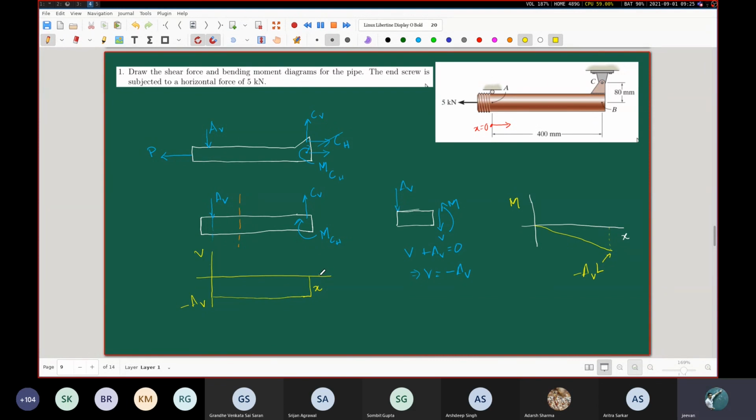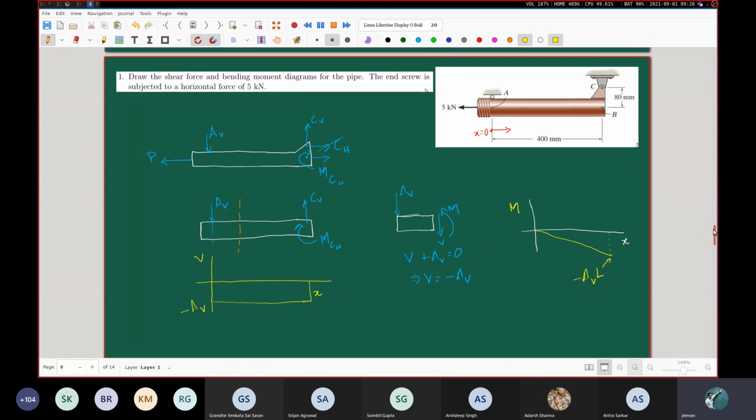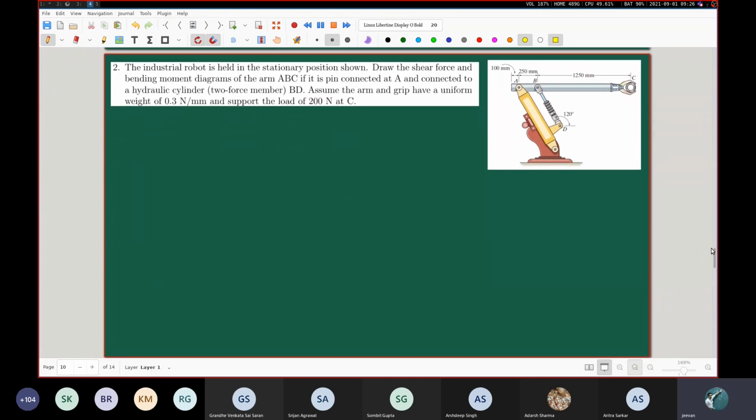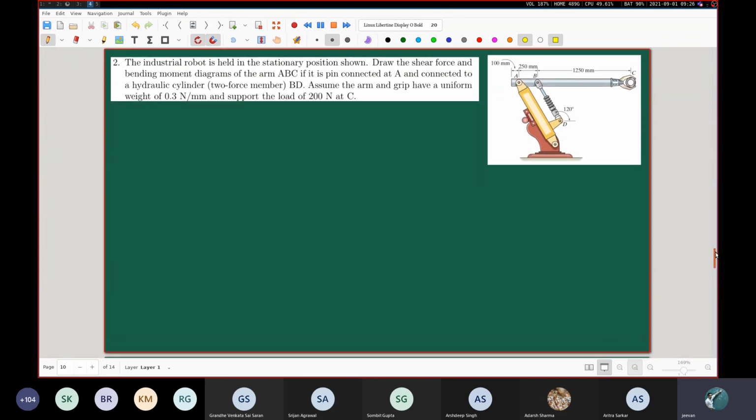All right, of course, in a real situation, you will have to write down these things properly, okay, not skipping steps like I have done, so you understand. Okay, next we have another apparently complicated looking situation. Now you see, in each of the problems subsequently, I will not go into the actual drawing of the shear force and the bending moment diagrams.